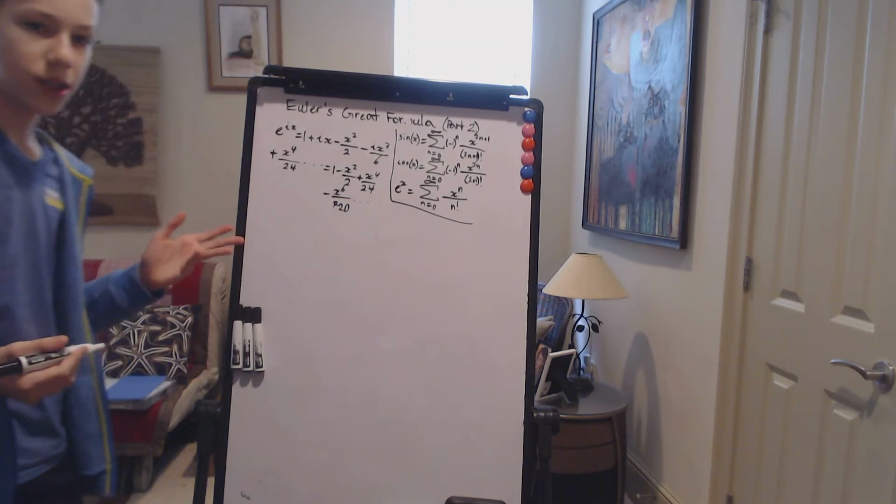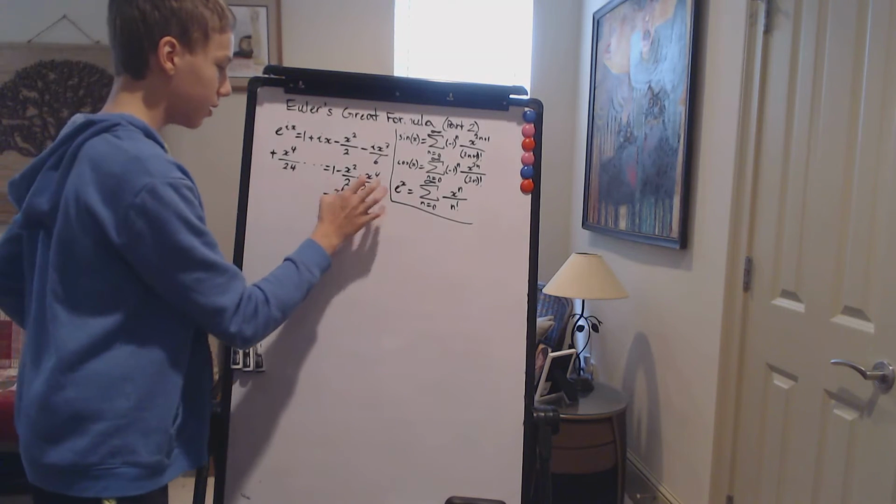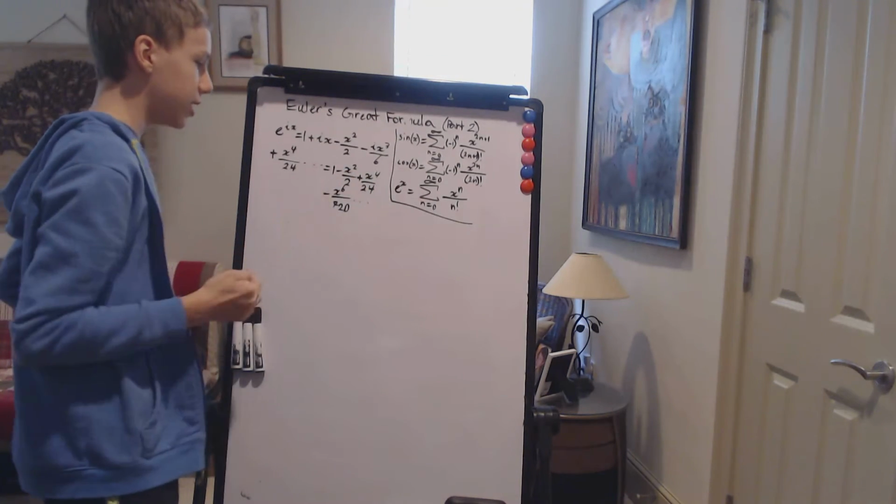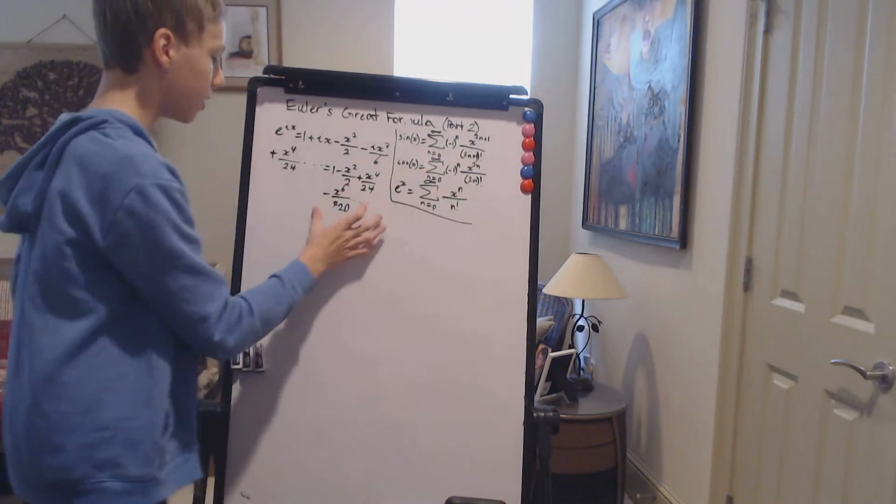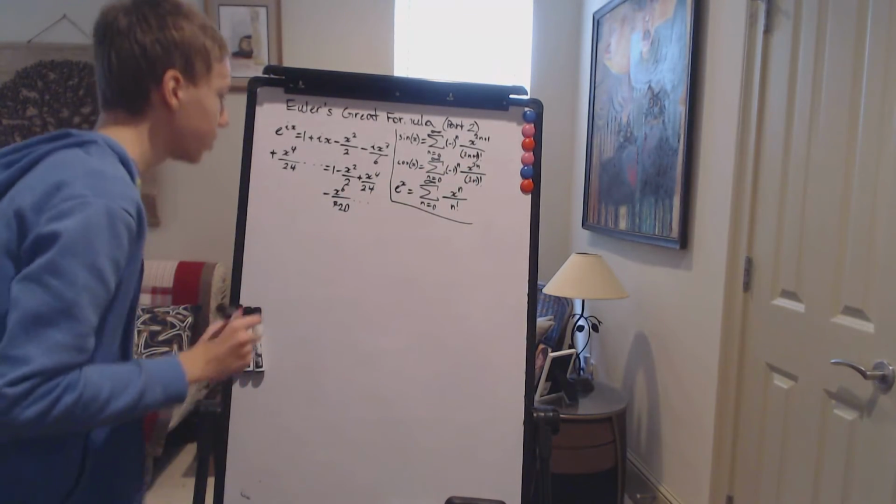What do you notice? Well, we're getting all even powers, cosine is even, so it's evidently cosine of x. This is cosine of x, which is really interesting.